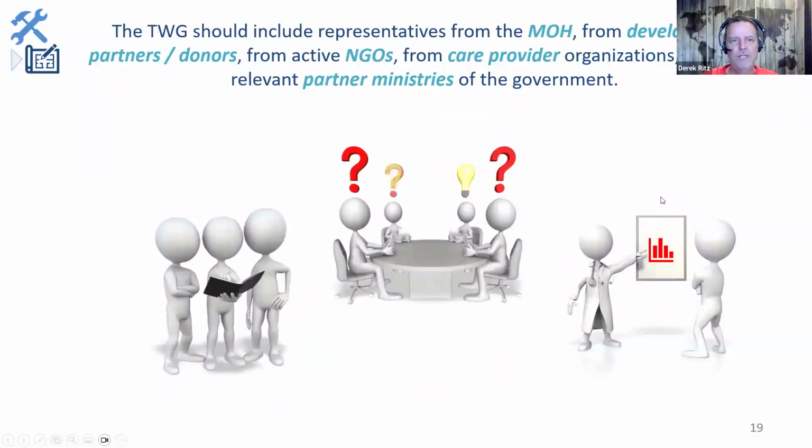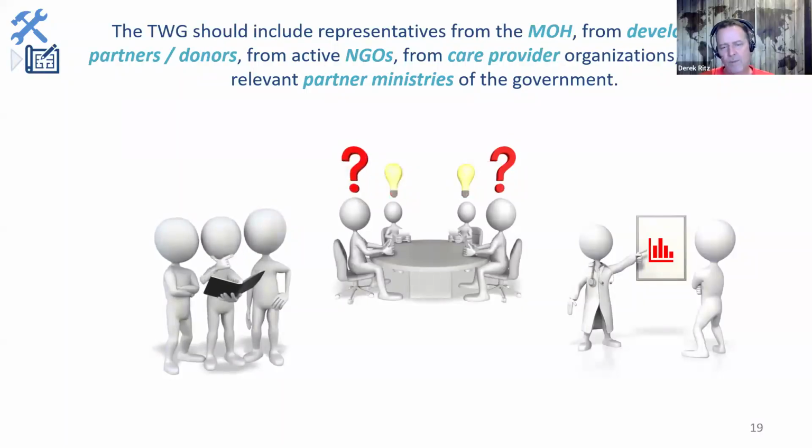Now, the TWG should be pulled together from all kinds of different perspectives. That's really important. There's something that Linda and I were involved in helping launch in the Asia eHealth Information Network in the Asia Pacific region called convergence meetings. The convergence meeting was hosted by the Ministry of Health, but then they would have the Ministry of the Interior and the Ministry of Finance.